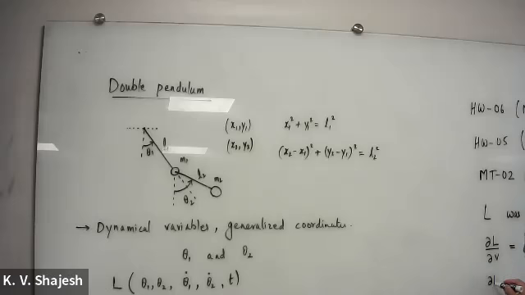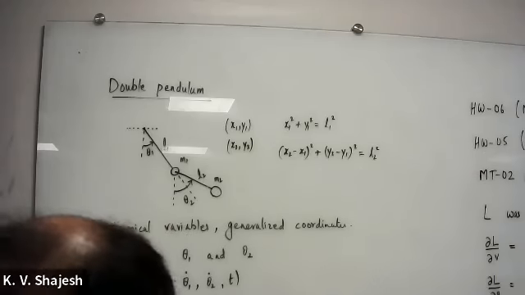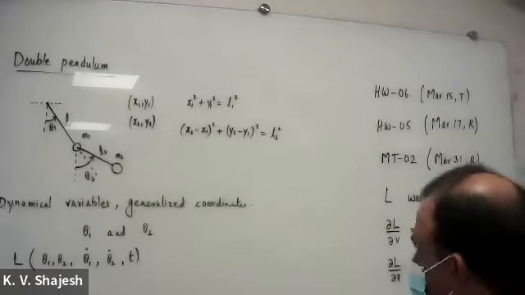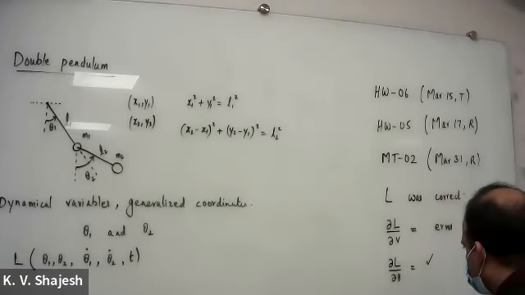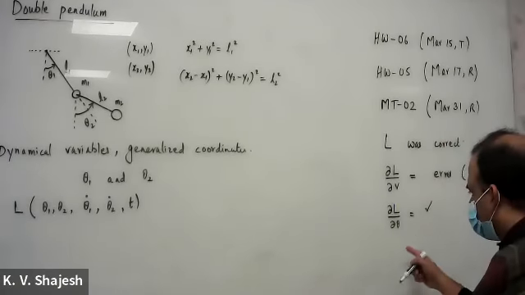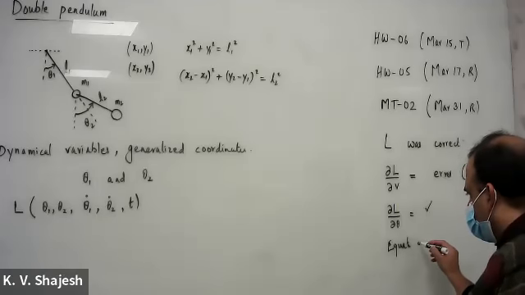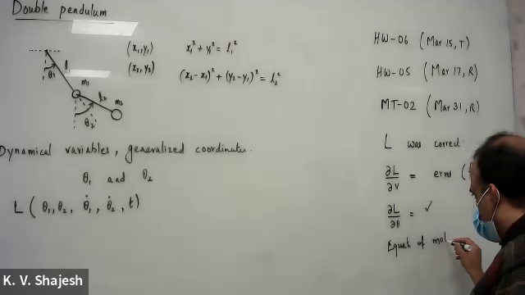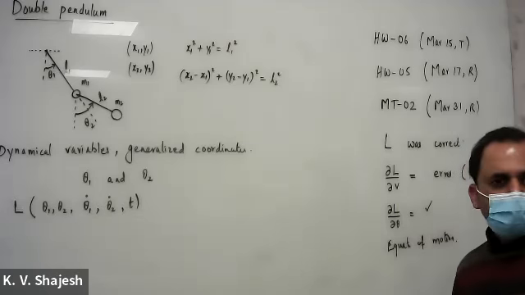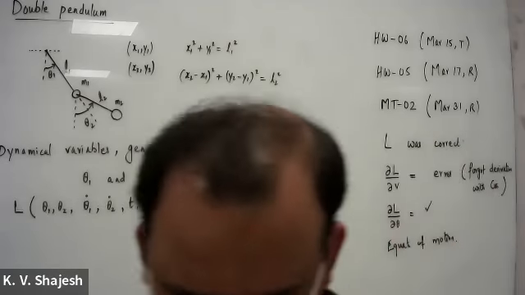And dL by d theta, I guess, that was correct. And so basically you get the equation of motion. So that should correct that.